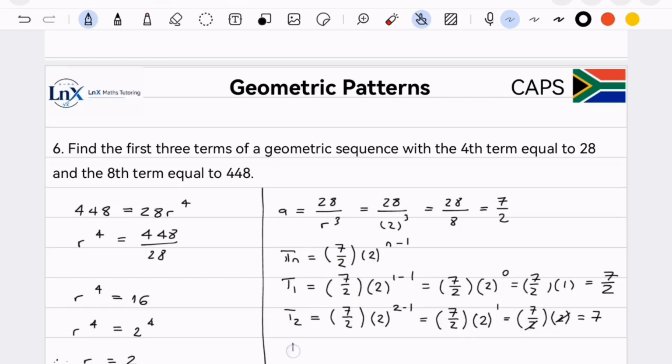And then T3, we're going to have 7 over 2 times 2^(3 minus 1). So we have 7 over 2, and then 3 minus 1, that's 2, 2 squared is 4. So you basically have 7 over 2 multiplied by 4, right? 2 getting here once, getting here twice. So you have 7 multiplied by 2, which will give you 14.